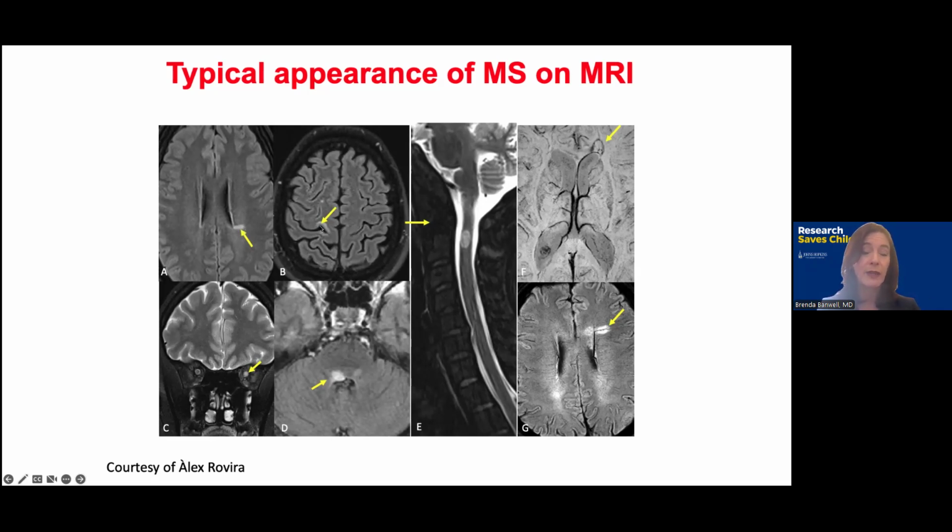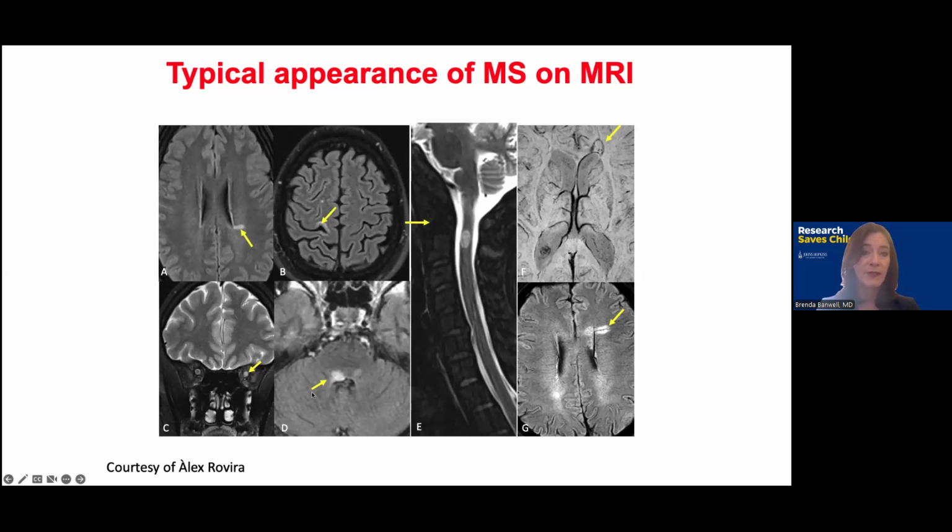Juxtacortical in B, which are lesions that rub up right against the border between the cortex and the white matter. In C, there's an arrow pointing to a bright, slightly enlarged left optic nerve. And in D, there's an infratentorial lesion in the posterior aspect of the brainstem, illustrated with the yellow arrow there.